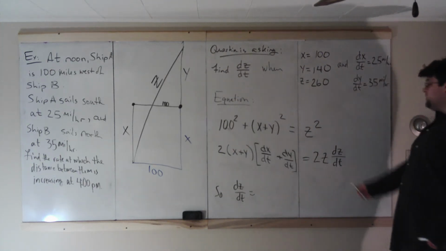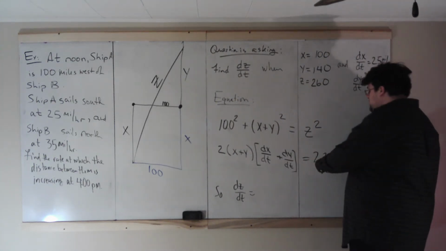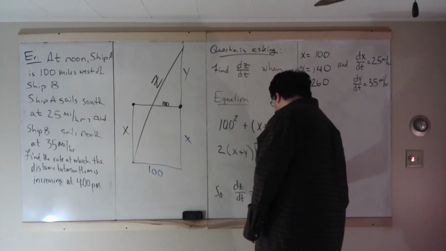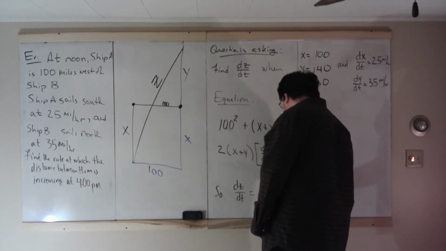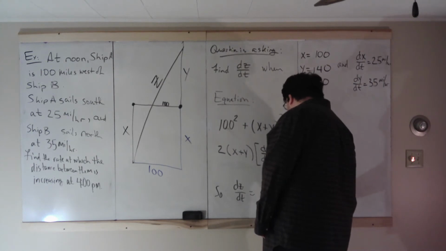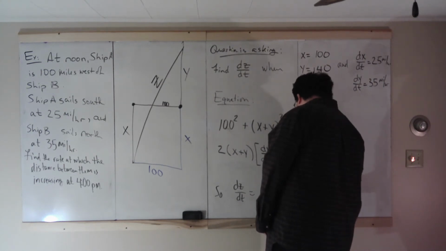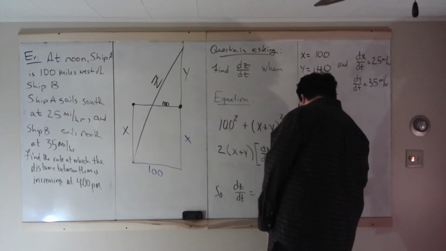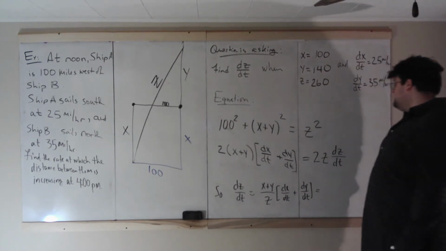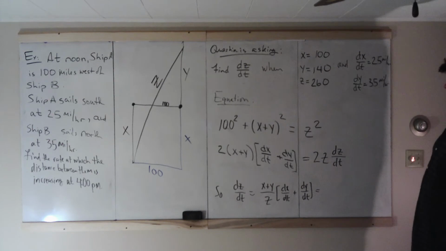Well, divide by 2z. Notice the 2's will cancel. So you get x plus y over z times dx dt plus dy dt. So divide by 2z, you get that.